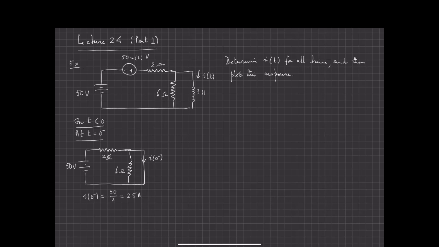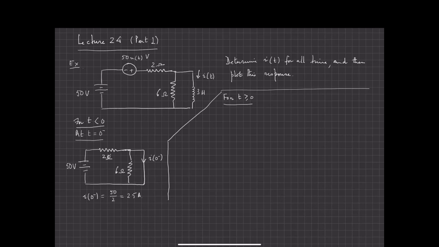Okay, so let me use all this space over here on this page to kind of discuss this next component of the problem, and that is I want to now look at the time period for t greater than or equal to 0.